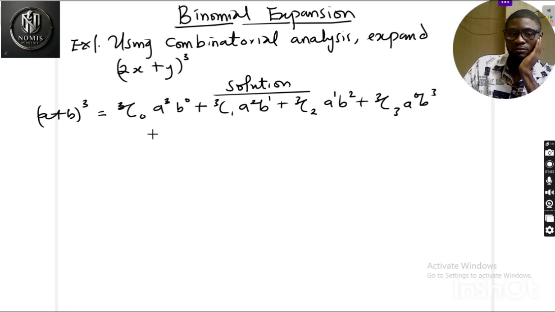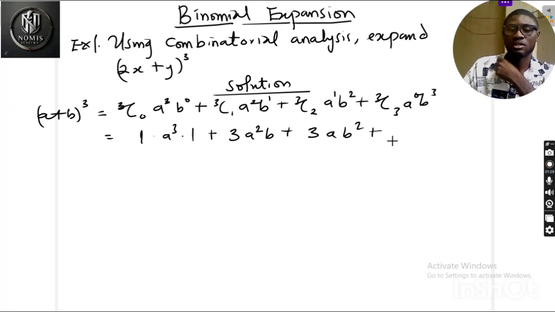We know that 3 combination 0 is 1, and then multiplied by a cubed multiplied by 1, plus 3 combination 1. We said any number combination 1 is that number, so that is 3a squared b, plus 3 combination 2. We got that to be 3 as well, so 3ab squared, plus 3 combination 3 is 1.